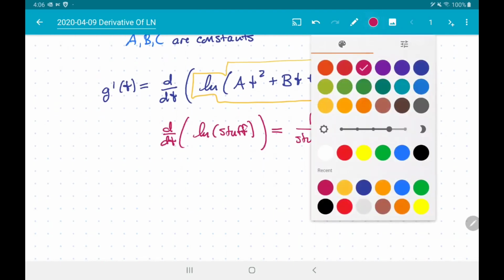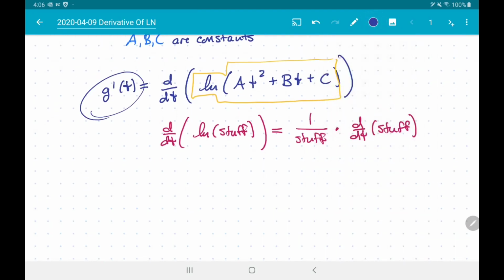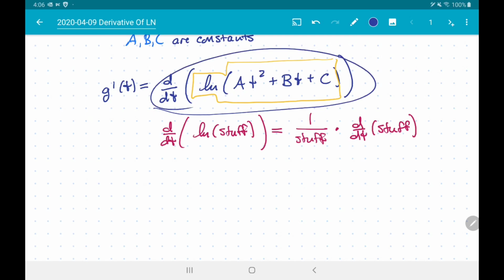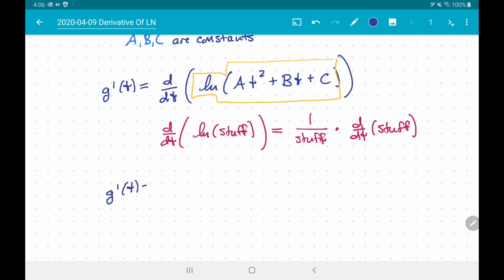So the first step in writing out g prime and working on that derivative is to apply this rule, and the stuff is this at squared plus bt plus c.